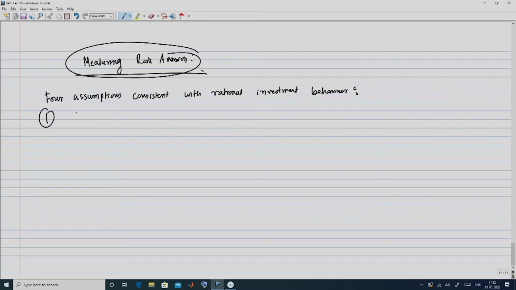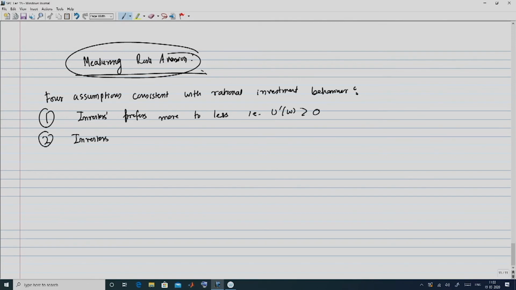The first one is investor would prefer more to less. So, that is u prime of w is greater than 0, which you have already seen.